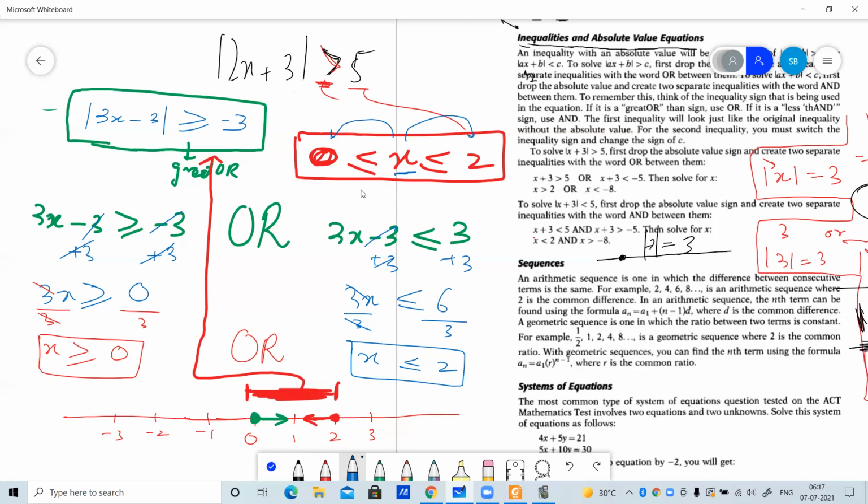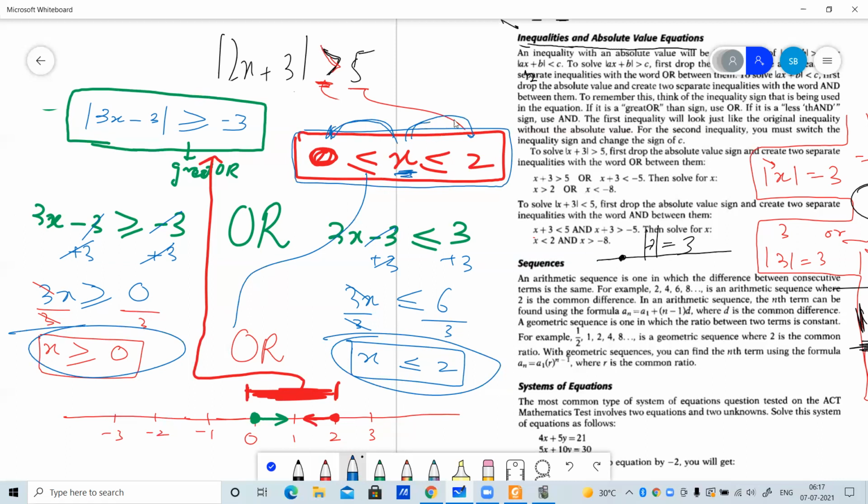So this is another way of writing this together. Is it okay? Yeah, makes sense. So this was greater than inequality.